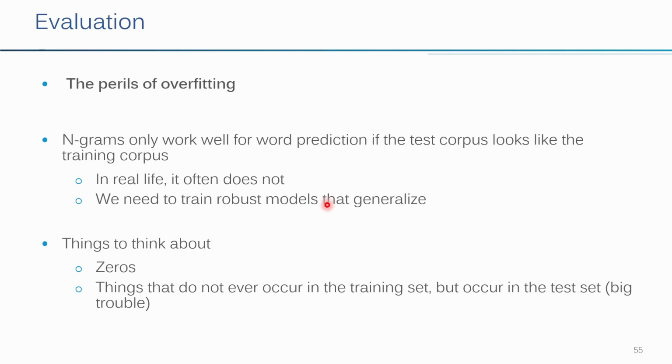So n-grams only work well for word prediction if the test corpus looks like the training corpus. And in real life, that definitely does not occur, because you will most likely see things in your test set that the model was not trained on.